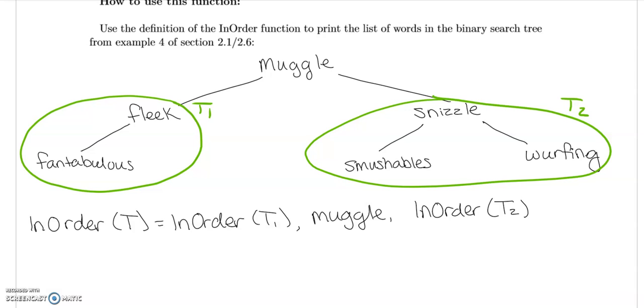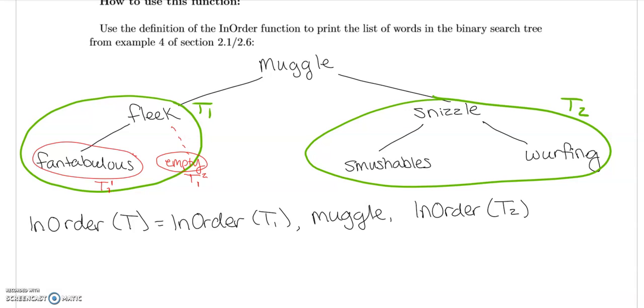If we look at the tree T sub 1, we have a root that's Fleek, and it actually has two subtrees, it's just that one of them is empty. Let's name these T sub 1 superscript 1 and T sub 1 superscript 2.